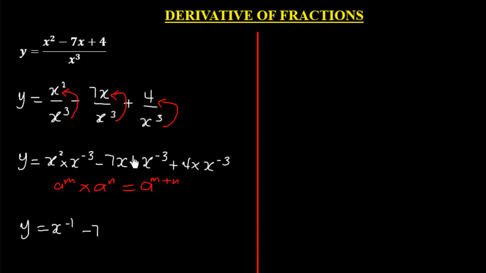Now x is to the power 1, so x to the power 1 multiplying x to the power negative 3: 1 plus negative 3 gives us negative 2, plus 4 times x to the power negative 3 gives us 4x to the power negative 3. So this is our function that we are going to differentiate.